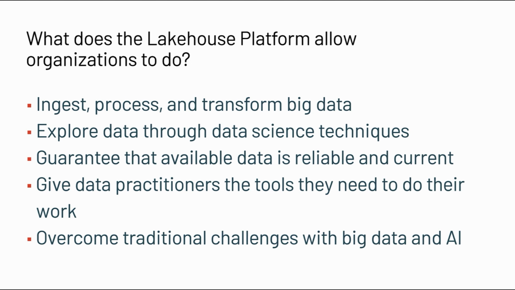It also provides data engineers, data scientists, and data analysts the unique tools they need to do their work. And we've talked about this, but it helps organizations overcome those traditional challenges associated with data science and machine learning workflows. And that's what we will explore in detail in this lesson.